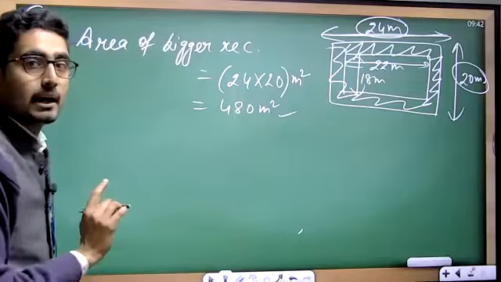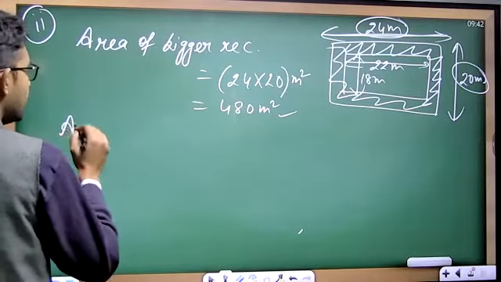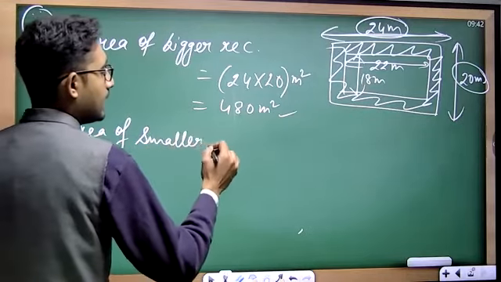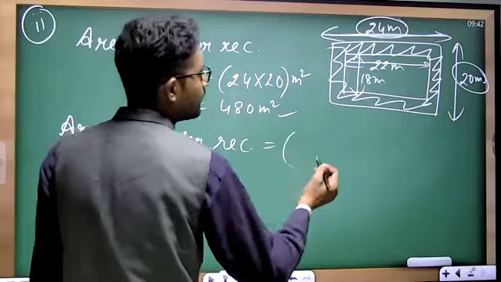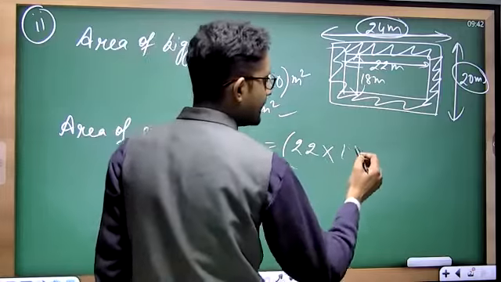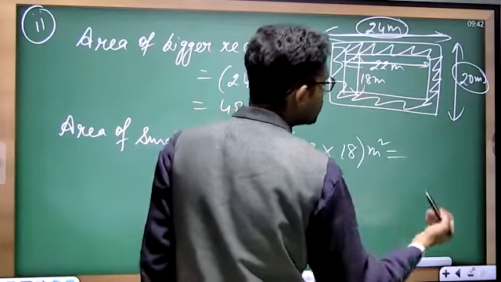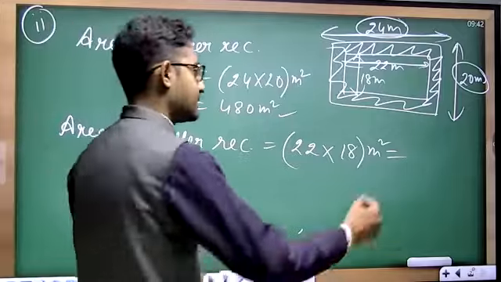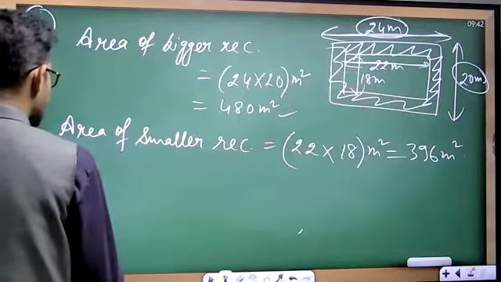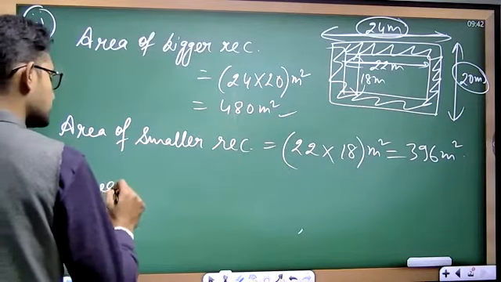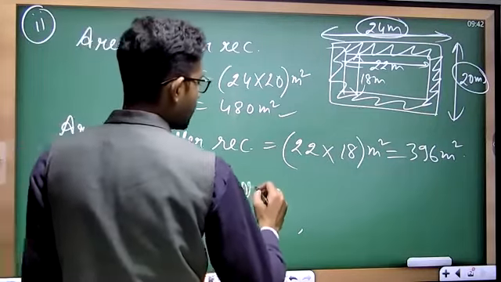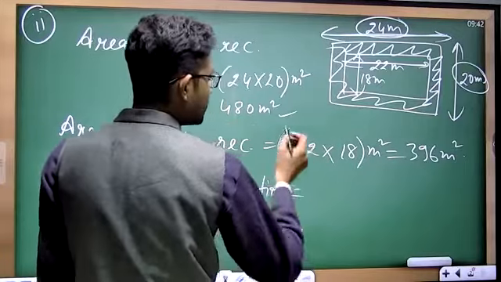Understood? Now quickly multiply and tell me the second one. Area of smaller rectangle is equal to length, how many? 22, breadth is how many? 18 meter square is equal to 396. Nice, 396 meter square. Now what I have to find out? Shaded area. So area of shaded portion is equal to, same thing you have to do, minus the smaller rectangle from the bigger rectangle.